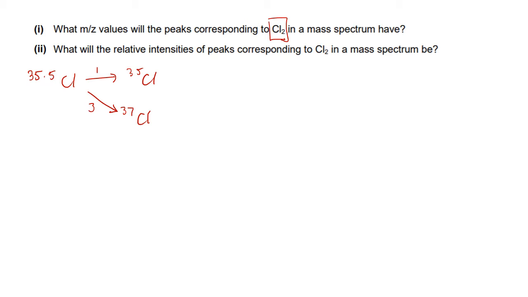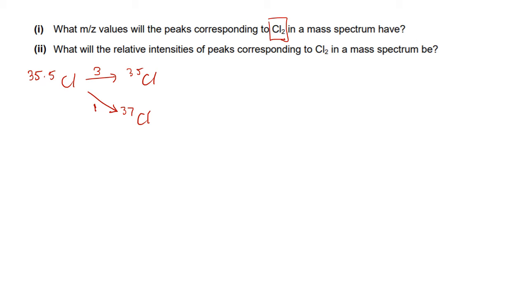So for every 4 atoms, 3 of them need to be... sorry, it's the other way around. For every 3 atoms of chlorine 35, there is 1 atom of chlorine 37. If you work out that average, it comes to 35.5.